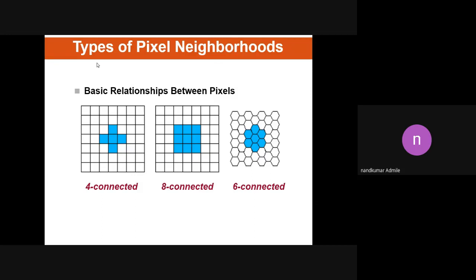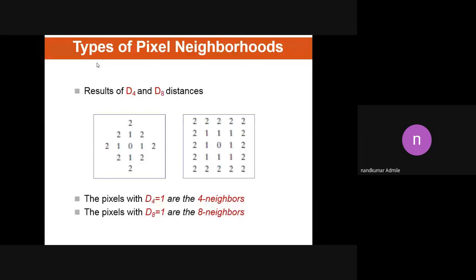So that is called 8 connected pixels. Here we can take one example of how to consider the 4 connected and 8 connected neighbors. If the 4 neighbors are connected, that is called D4 distance, 4 connectivity.